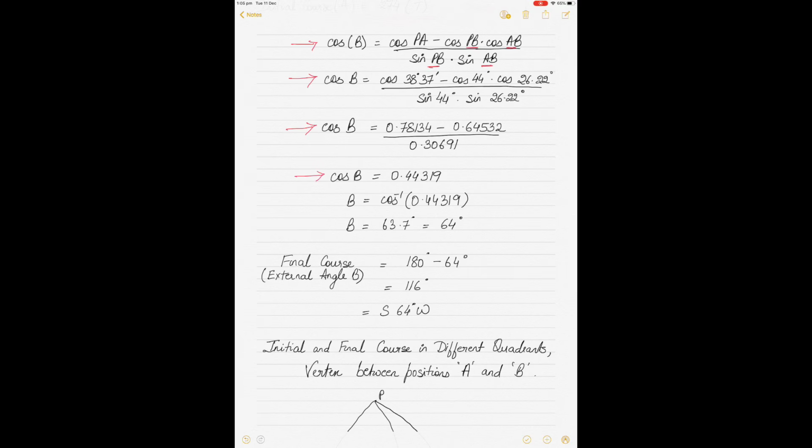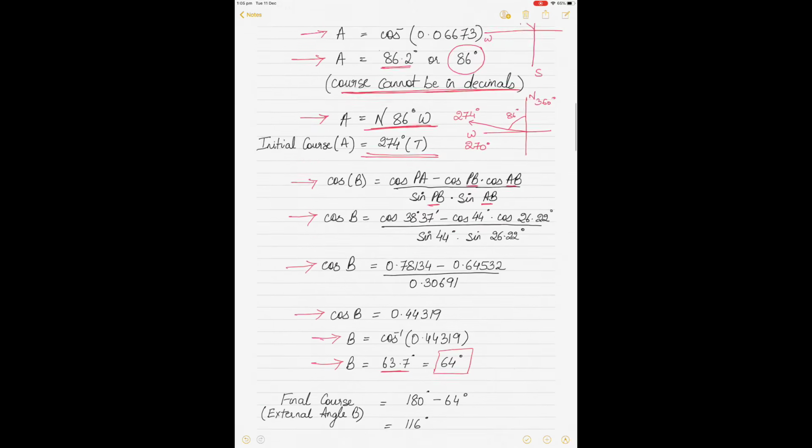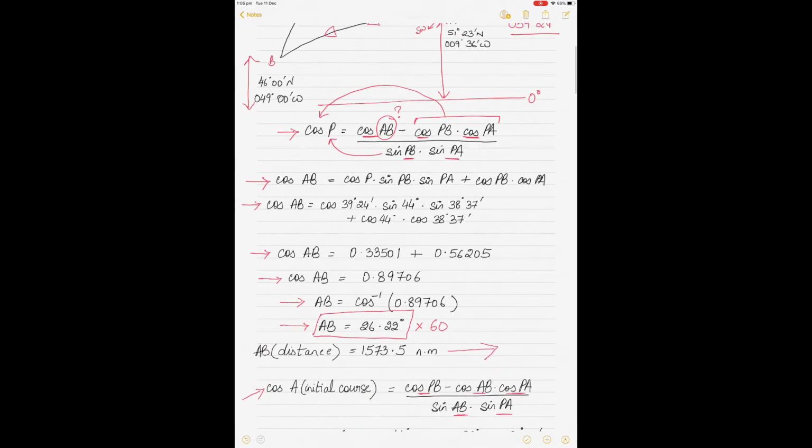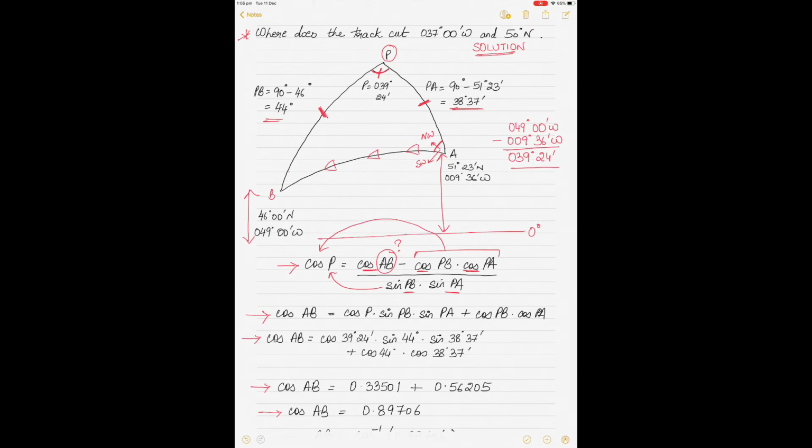Once you put in the values in the calculator, you should ideally be getting B as 63.7 degrees initially, but you round it out to 64 degrees because the decimal place is more than 0.5. Your B is 64 degrees. Now if I go back to the diagram here, that means your internal angle B is 64 degrees. Just your internal angle A was 86 degrees. But what I need is the final course here, and the final course will be something like this here.